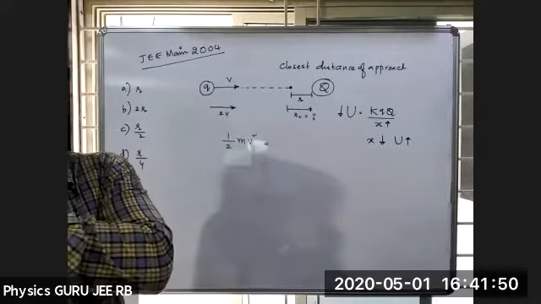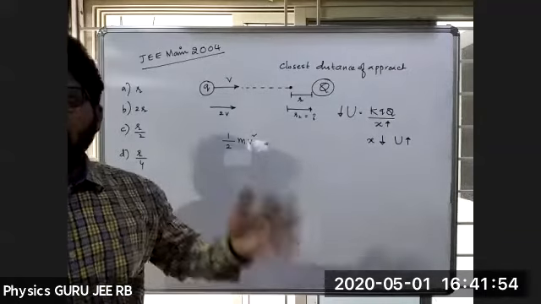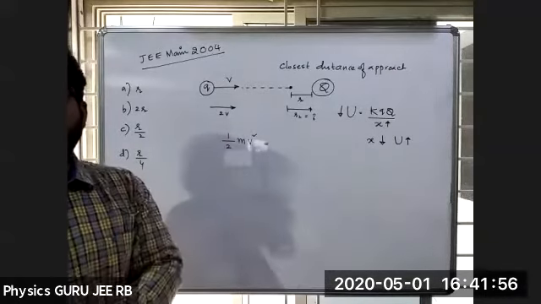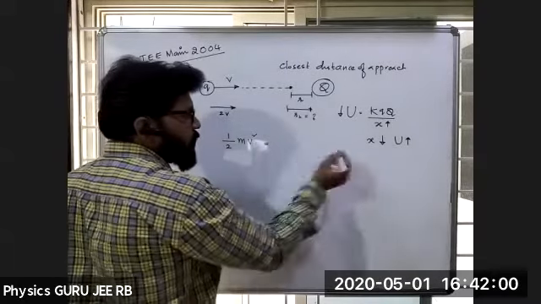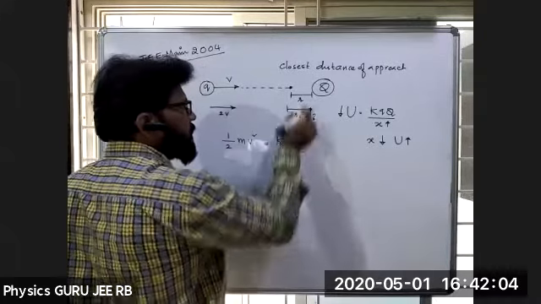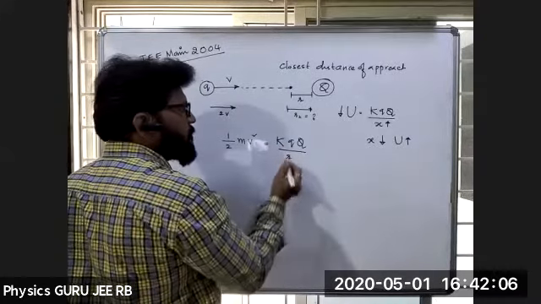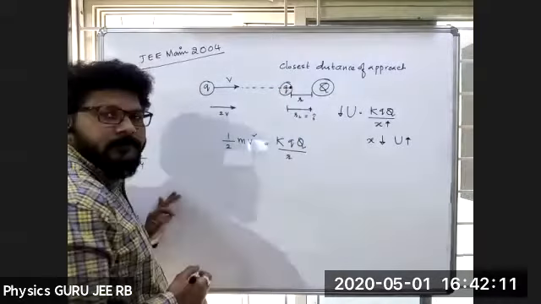The kinetic energy of the particle transforms into the potential energy of the system. Half mv square is equal to the potential energy of the system, K Q q divided by R, since the distance between them is R at this point.